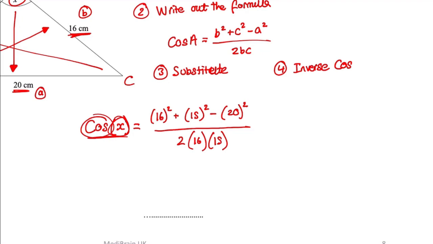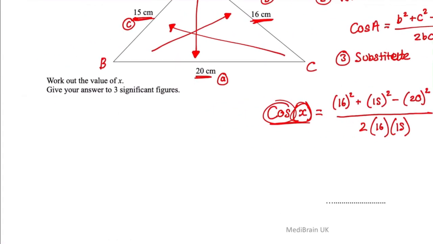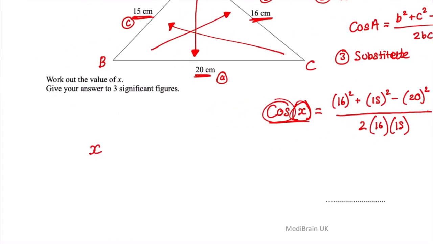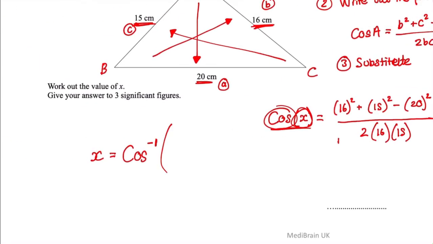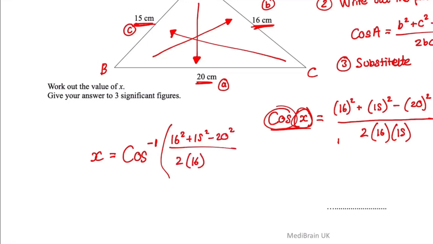So we're left with x on the left side, equal to inverse cos, cos to the power of -1, of everything that we had on that side: 16 squared plus 15 squared minus 20 squared, over 2 times 16 times 15. Okay, and that's what you type into your calculator.